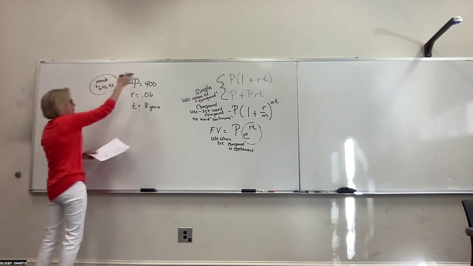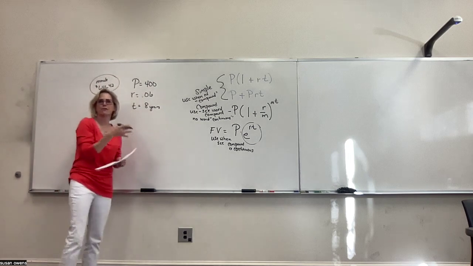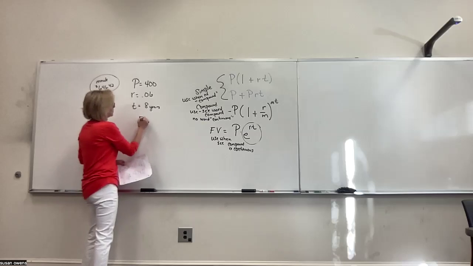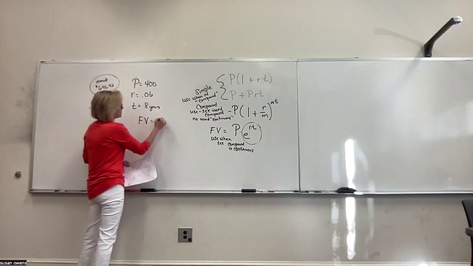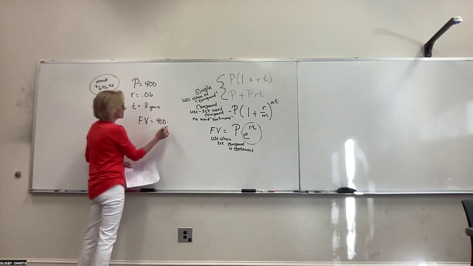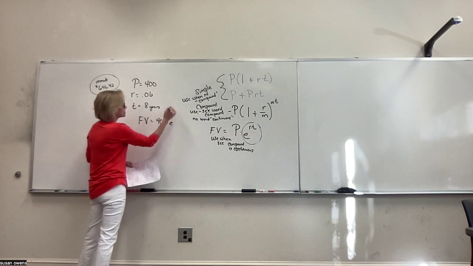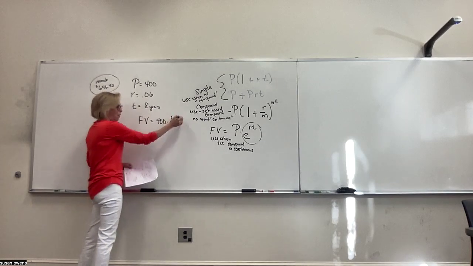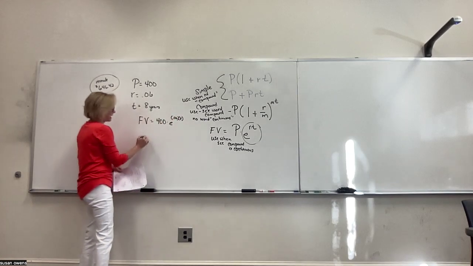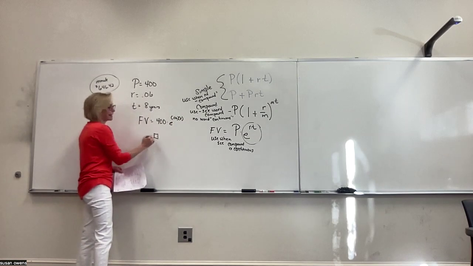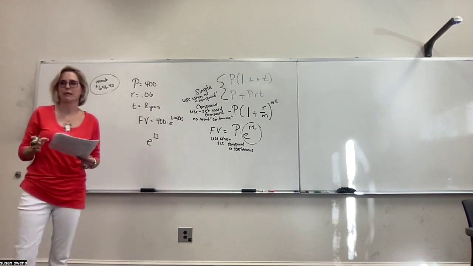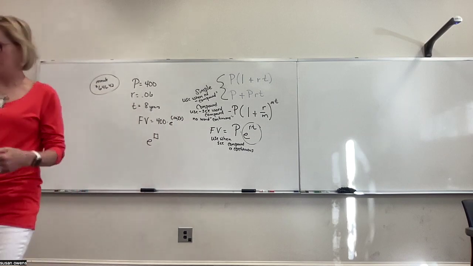So let's look at what happens if we compound it continuously. The future value is equal to the principal times E to the rate 0.06 times the time, 8. So all of that's in your exponent. You've got to use that button on there and keep all of that in your exponent, multiplied together. What do we get?